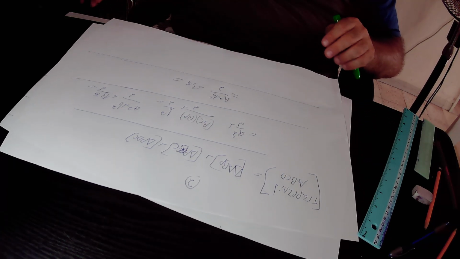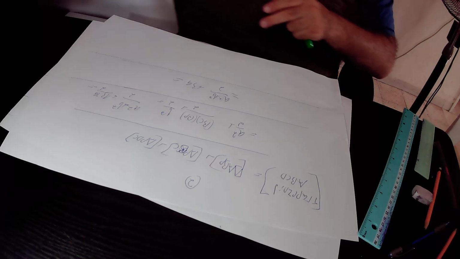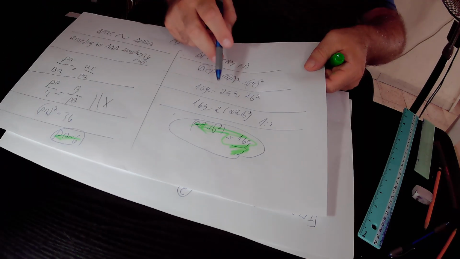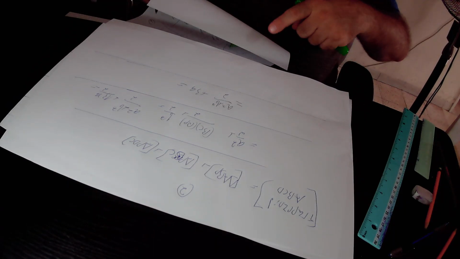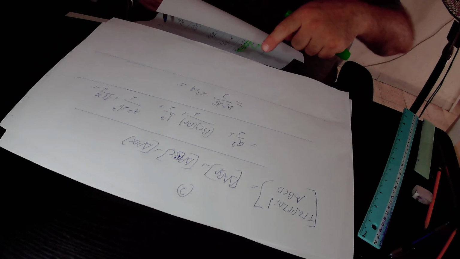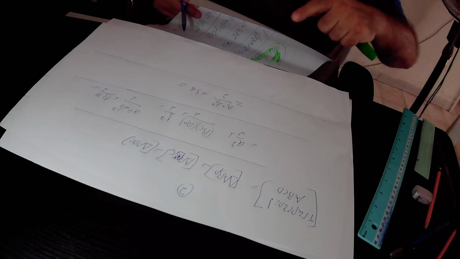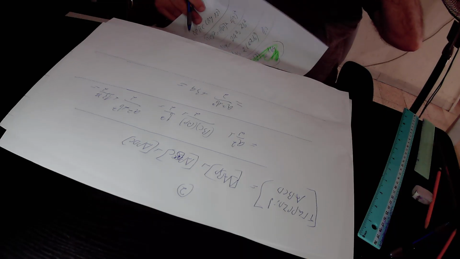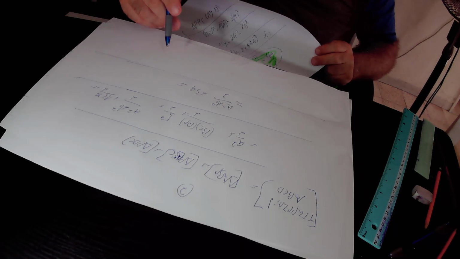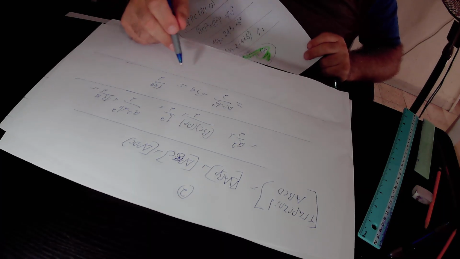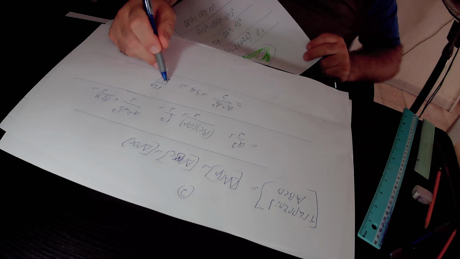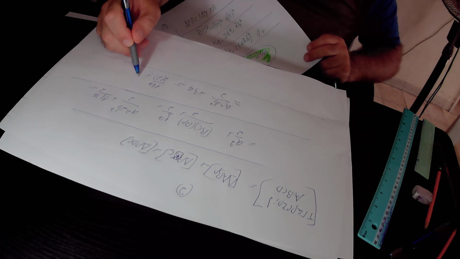But we already found out that A squared plus B squared is 169 over 2. So we substitute A squared plus B squared, this expression, by 169 over 2. So it is 169 over 2 divided by 2, plus 39.